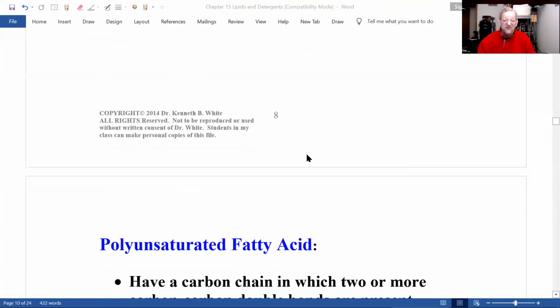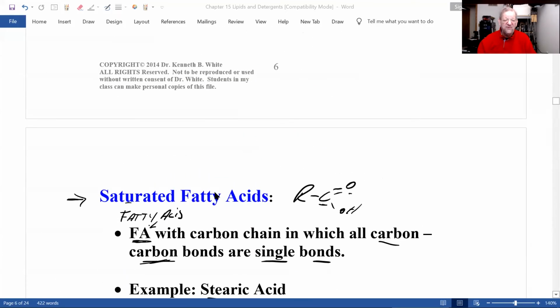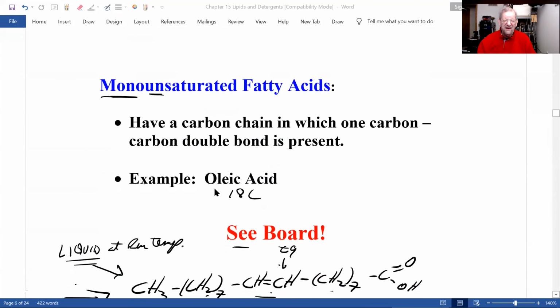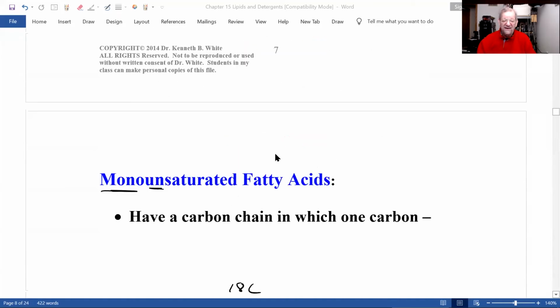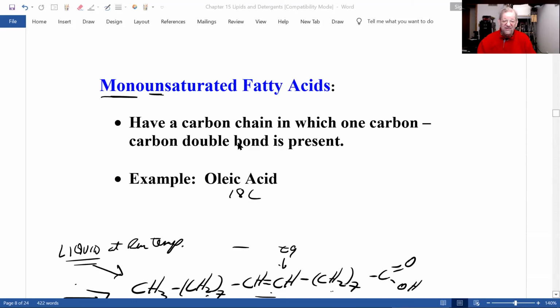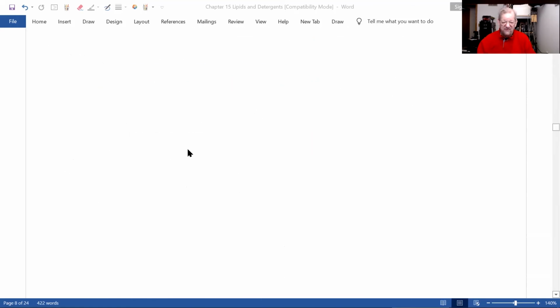Now, one thing I should point out, what's the difference between a saturated fatty acid and a monounsaturated or unsaturated fatty acid? Double bond. Saturated, no carbon-carbon double bond. And in unsaturated, you have at least one present. In oleic, which I only asked you to learn, monounsaturated, you have one double bond, which can be cis or trans.